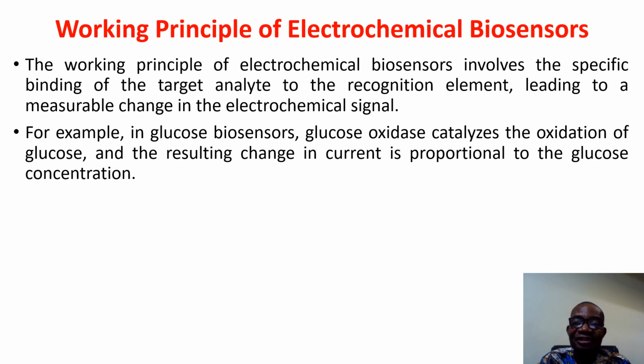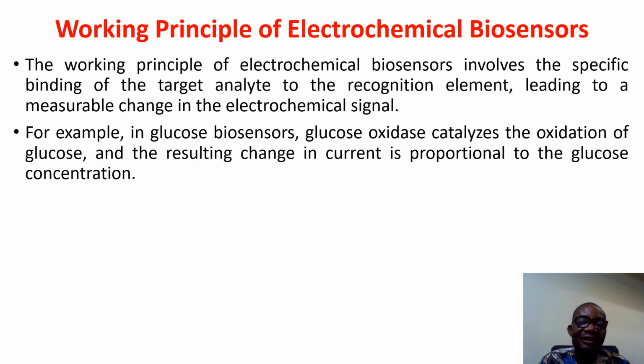It's able to interact with a recognition element that can identify the target analyte. Usually this recognition element could be an enzyme, and this leads to a measurable change in electrical signal. So when the target analyte interacts with the recognition element, there is usually a change in the value of the electrochemical signal.